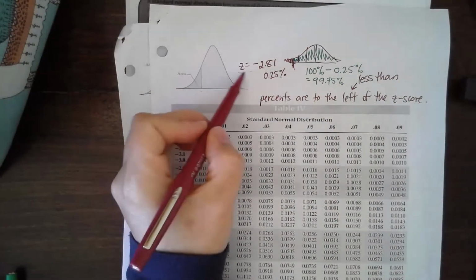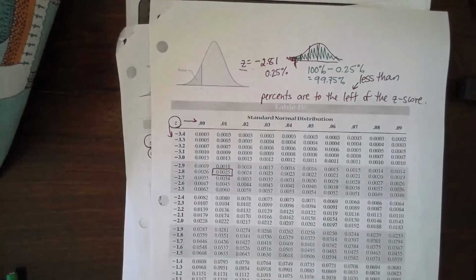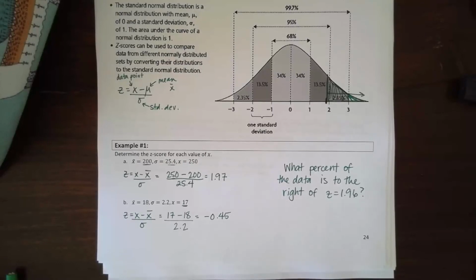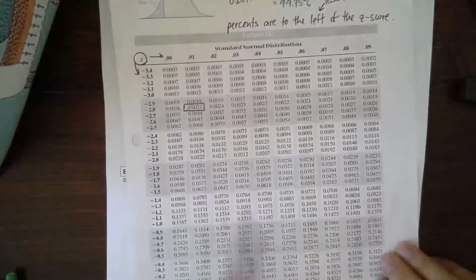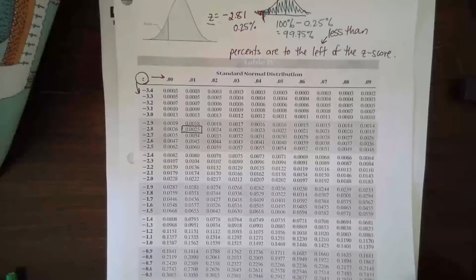It's a little bit tricky to figure out, but let's see what it means in the problem in our notes: what percent of the data is to the right of z equals 1.96? So we need to use the second part of our table where all the z-scores are positive.